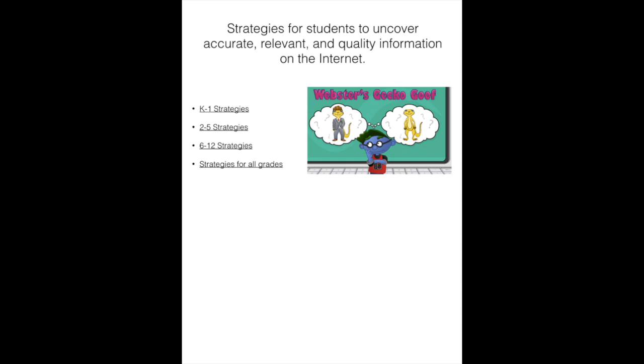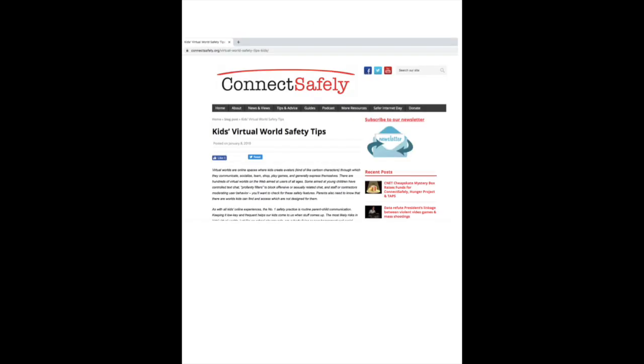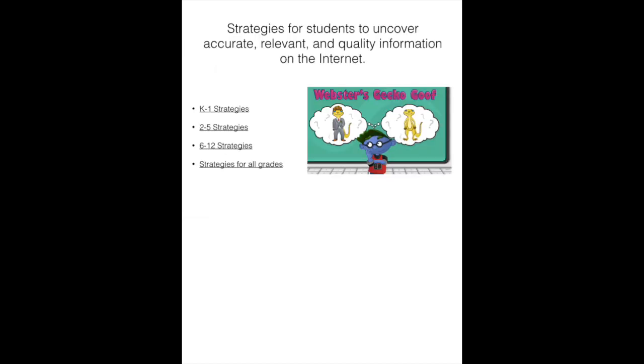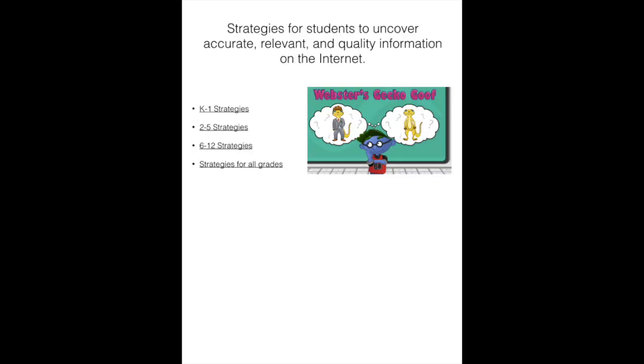There is a cute book called Webster's Get-Go Goof that shows how looking up the wrong information can be an embarrassing mistake. For students in grades 2 through 5, Connect Safely has safety tips for kids in the virtual world. While this presentation is mostly for second grade teachers, there is also resources available for grades 6 through 9.